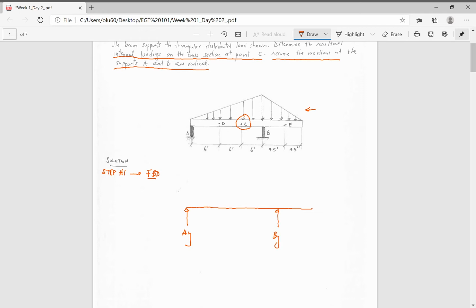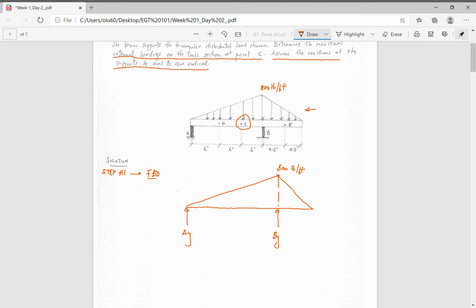And we know at B, this triangle here. At this location, this is 800 pounds per foot.